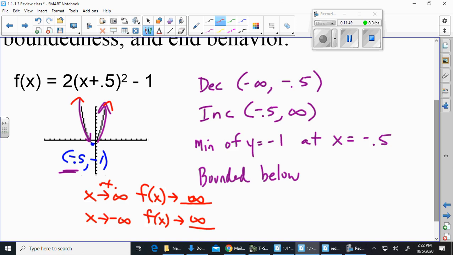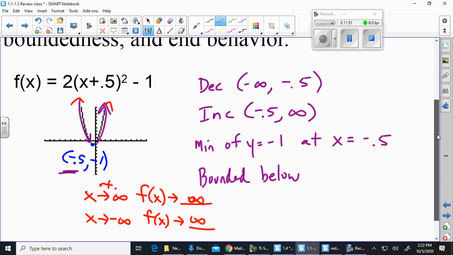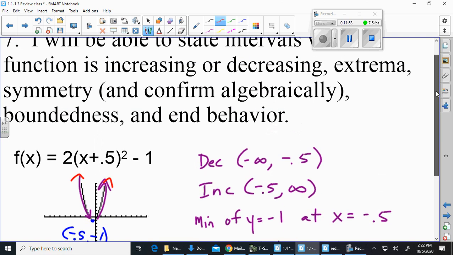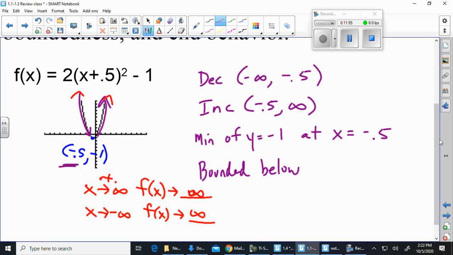So that's end behavior. The other thing is symmetry. Some of you might say this is even, but if it was even, the minimum would be on the y-axis. This is not even or odd because it's shifted over a little bit, so it would be neither.